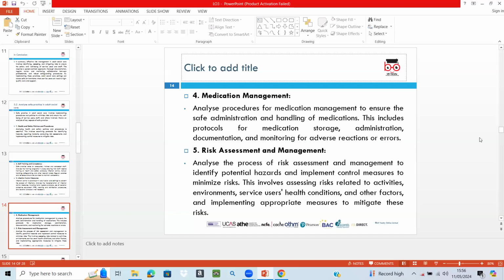By evaluating risks associated with activities, environment, service user health conditions, and other factors, caregivers can implement appropriate control measures to minimize these risks effectively. And this analysis enables caregivers to develop tailored risk management strategies that enhance the safety and well-being of service users and contribute to the overall quality of care provided.